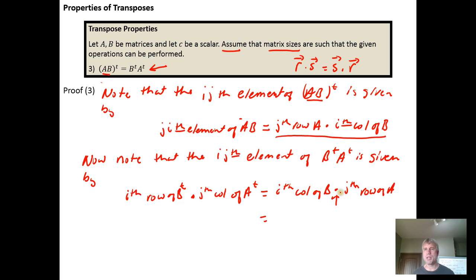The ith column of B dotted with the jth row of A is the same as the jth row of A dotted with the ith column of B.